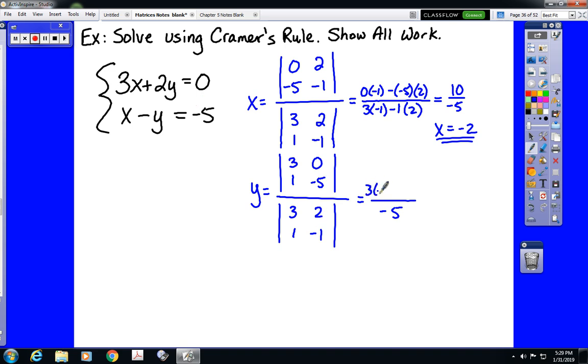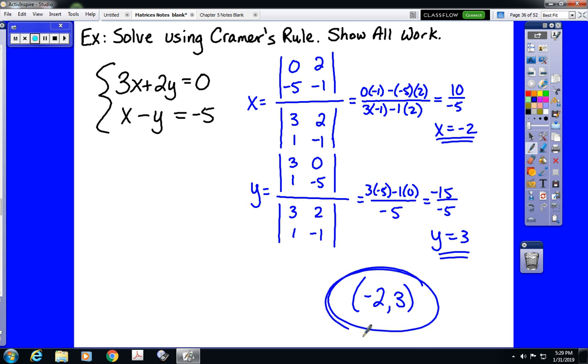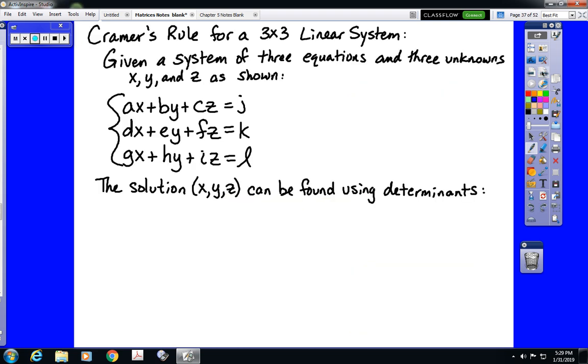So that's 3 times negative 5 minus 1 times 0, which would be negative 15 divided by negative 5, meaning that y is 3, and our solution is negative 2, 3. That, I believe, is it for Cramer's Rule 2x2.